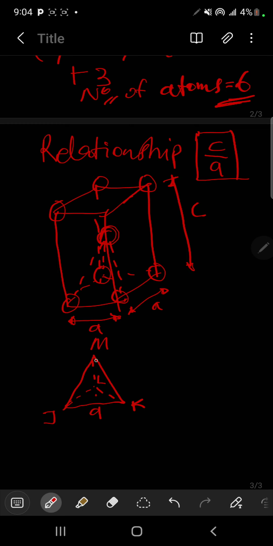So the height is, you drop this and it drops here and you connect it to this corner. We got this atom at the center, and this atom is situated halfway through C, so we can say half of C, or C over 2.